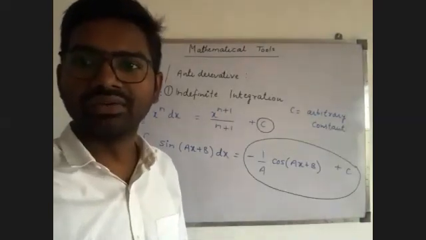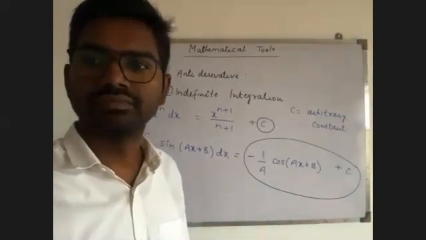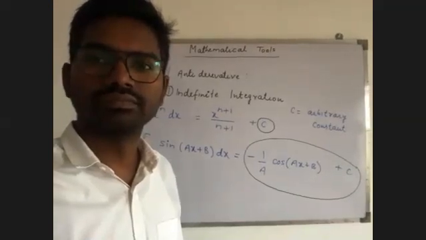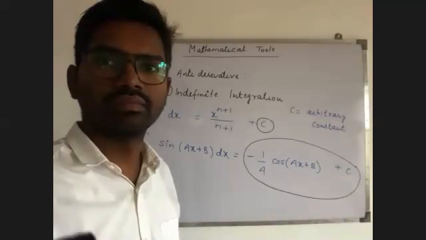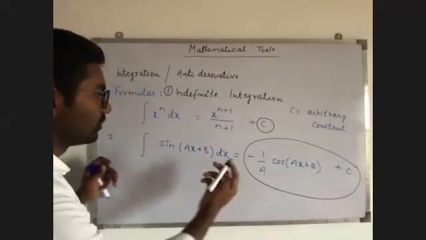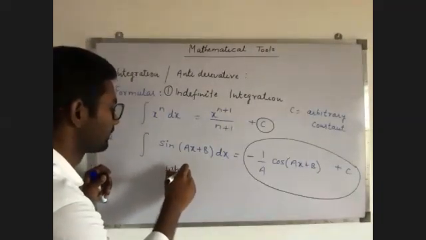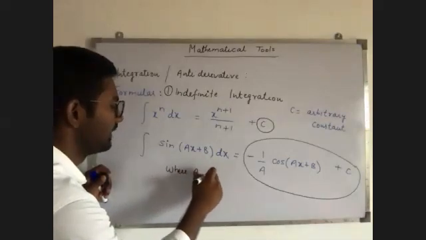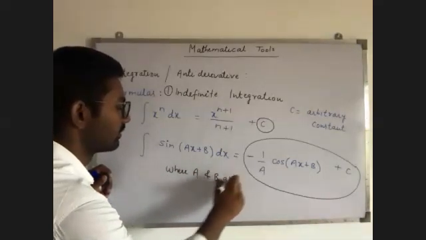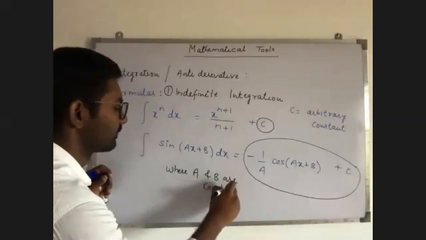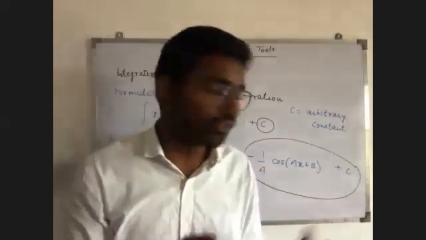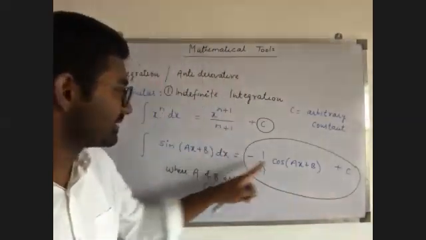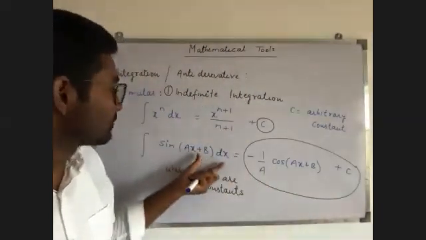What do you think, guys? Are you getting the same answer? Here you can write down where capital A and B are constants. Guys, from where it came? So this is the formula: integral of sin ax plus b dx.